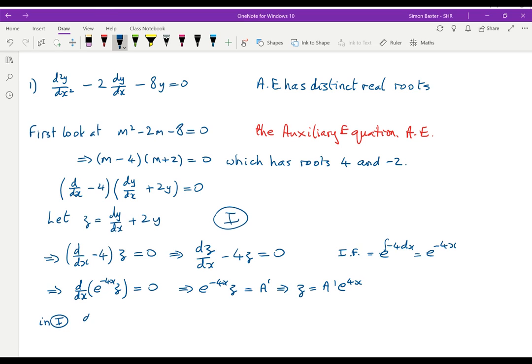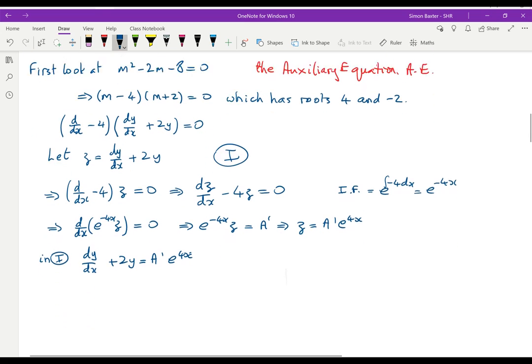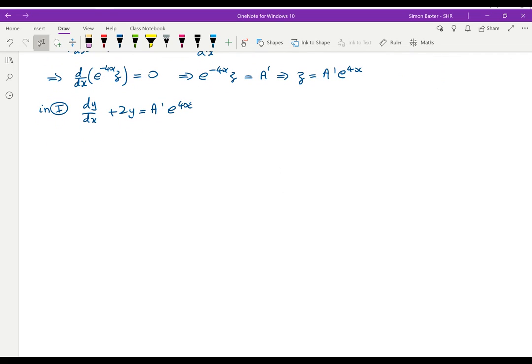So I get dy by dx plus 2y is equal to a dashed e to the 4x. There it is. Now let's give myself a little bit more space. Integrating factor again. e to the integral of 2 dx is e to the 2x.